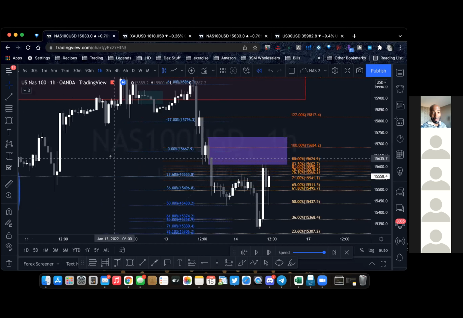Right. So this is for individuals that, let's say, work during the day and may want to trade overnight, right? So it's just a point of identifying that order block that occurred right there at the 90-minute candle.